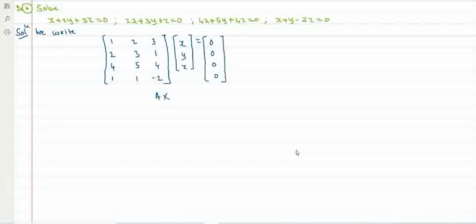Suppose this I will denote as AX equal to 0, where A is the coefficient matrix, X is the matrix of unknowns, and capital O is the 0 matrix. Consider the augmented matrix A0.